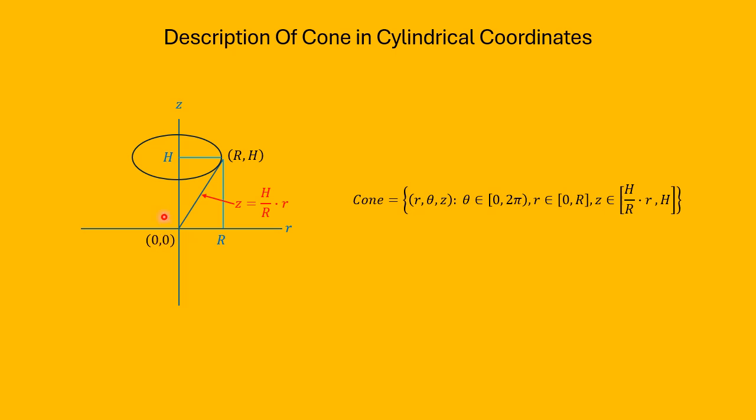Now, the cone has radius capital R, this length right here, which is the same as the length from the origin to right here, assuming this is a perpendicular line dropped to the r-axis. So this distance here is also R. This coordinate on the little r axis is capital R.